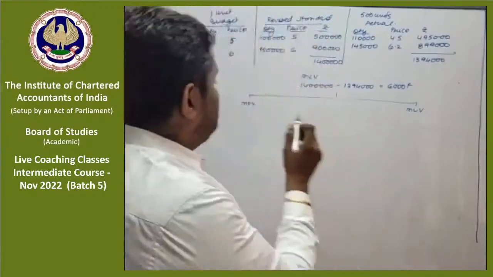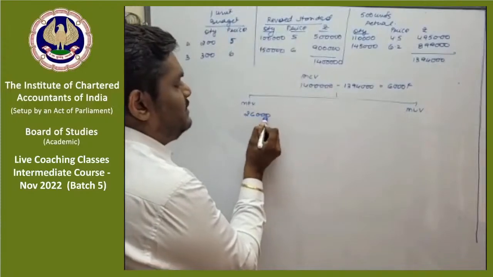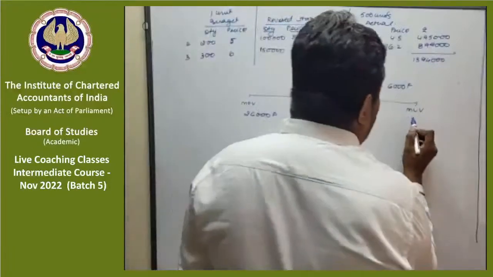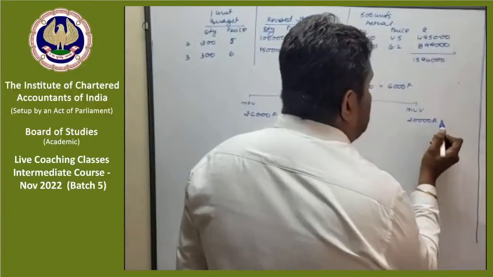That is 26,000 favorable for material price variance, and usage is 20,000 adverse. That's it.